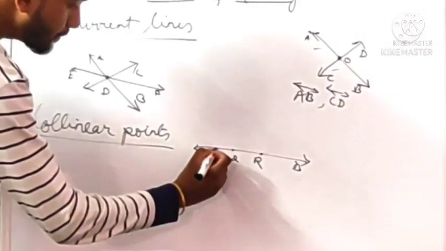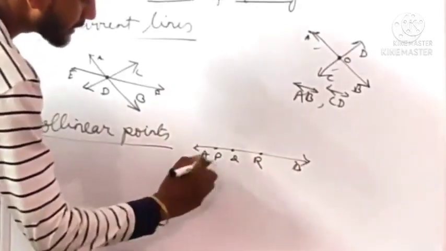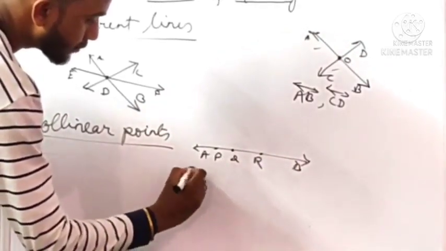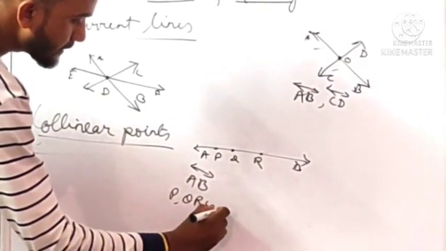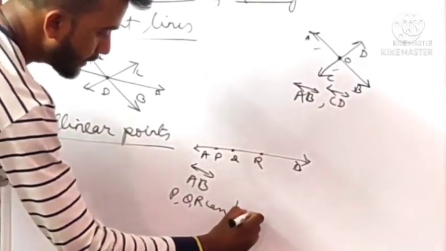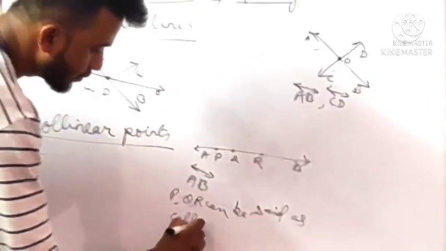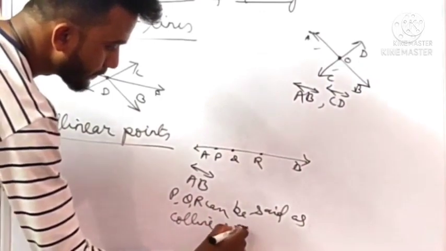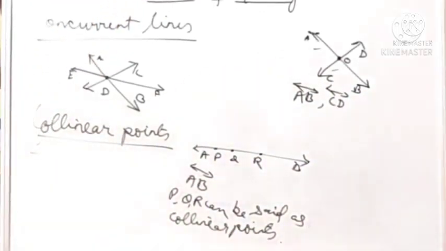You see that points P, Q, and R lie on the same line AB. So P, Q, R can be said as collinear points.